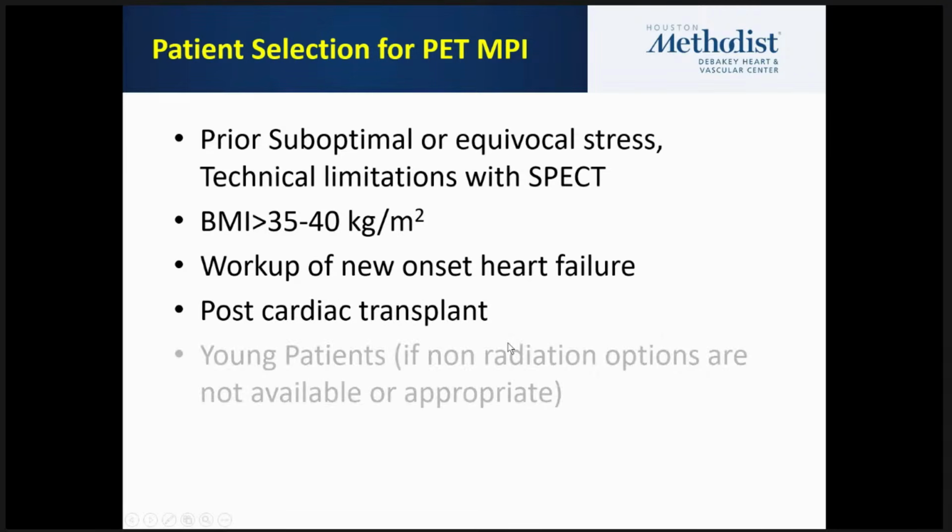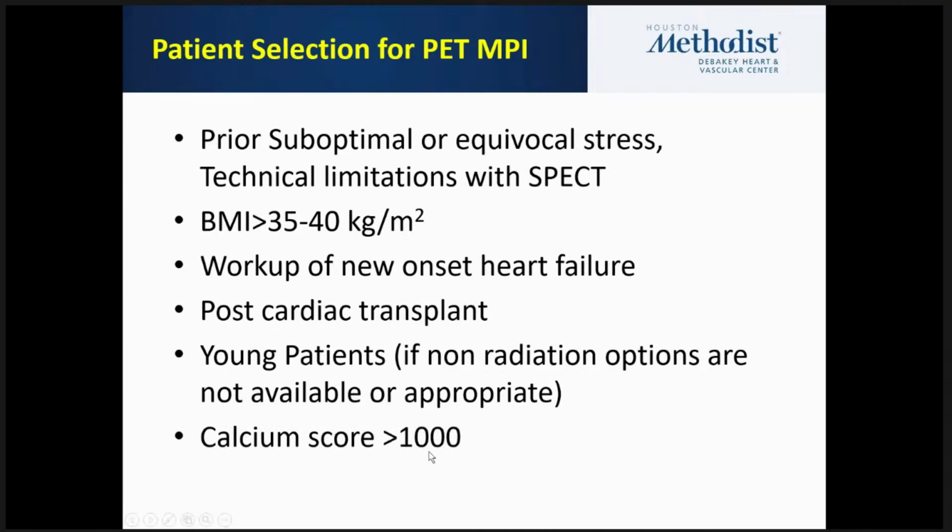If you want to image young patients by nuclear for different reasons, then this is the test of choice because the radiation exposure is very low and lower than all the other available modalities. And then calcium score of more than 1,000, or I might even argue more than 400, PET would be a better test, especially to avoid balanced ischemia.